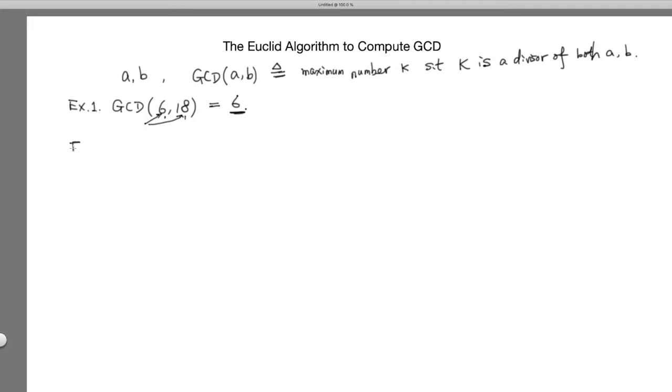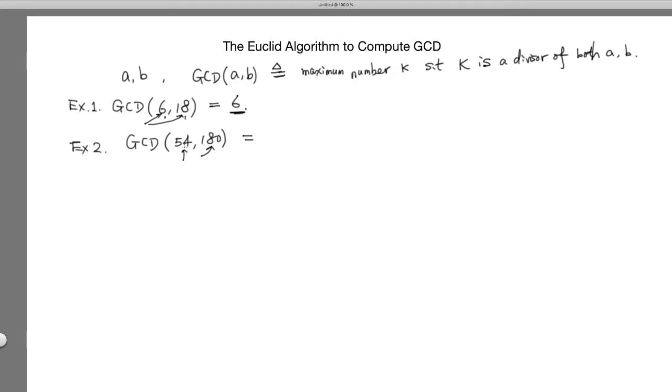Let's look at example number 2. What's GCD of 54 and 180? Again, you see that 6 is going to be a common divisor of both 54 and 180, but that is not the largest. How about, can we multiply 6 by something?